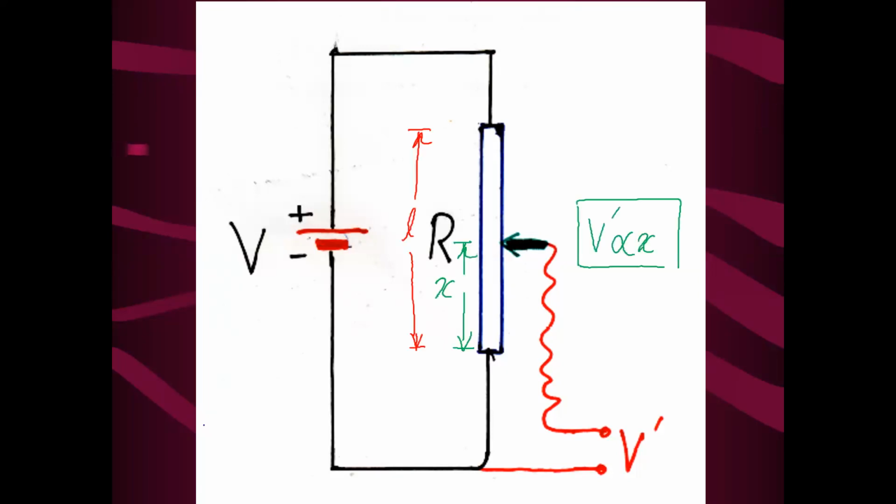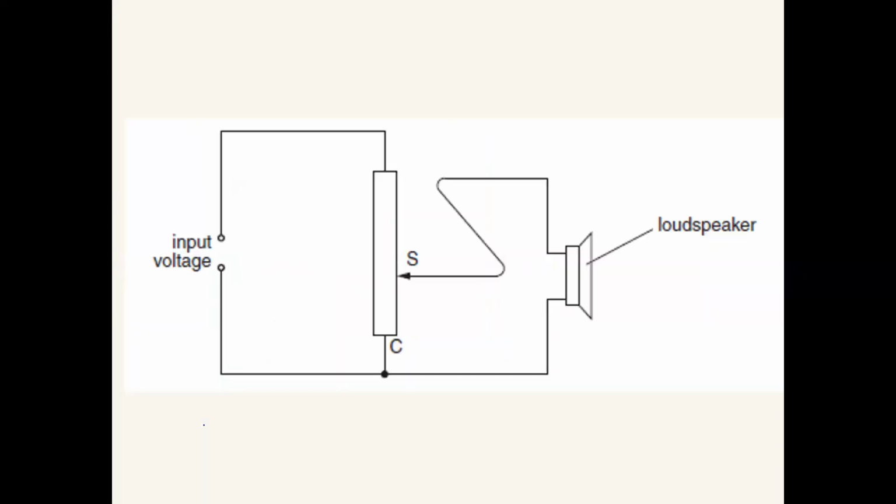Now, if you move the slider, the voltage output changes. Look at this example. This is a sound system. If you move the slider up, the sound loudness increases.